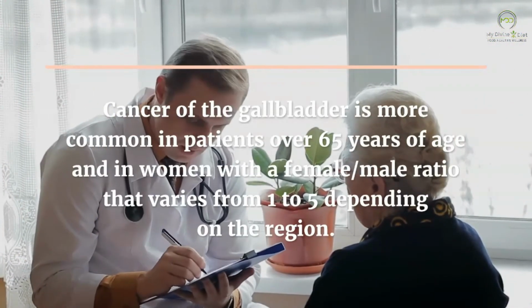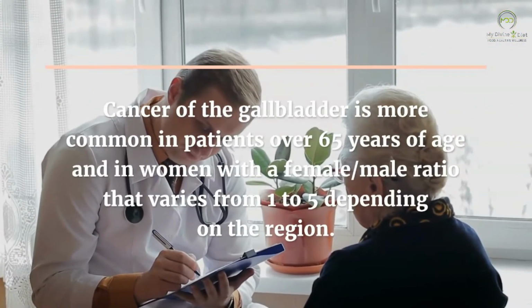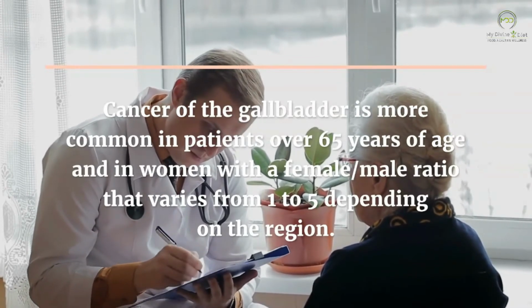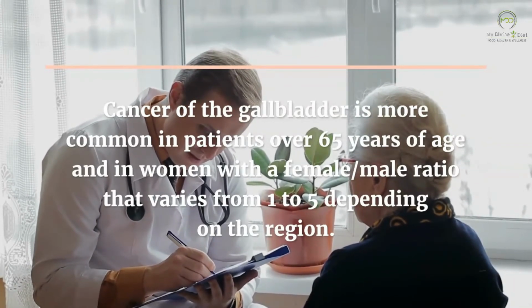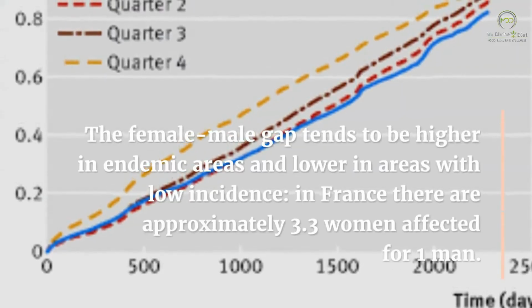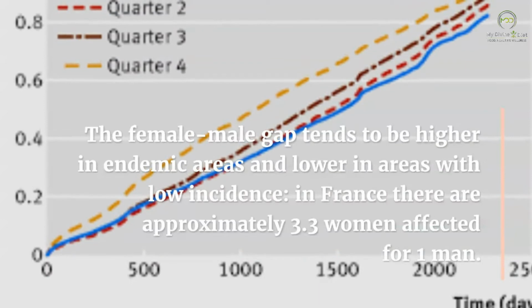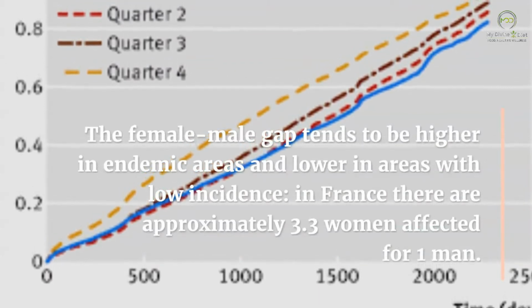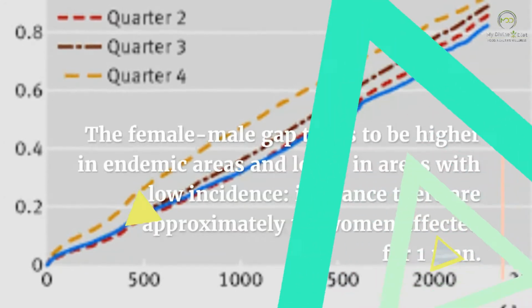Cancer of the gallbladder is more common in patients over 65 years of age and in women, with a female/male ratio that varies from 1 to 5 depending on the region. The female-male gap tends to be higher in endemic areas and lower in areas with low incidence. In France there are approximately 3.3 women affected for 1 man.